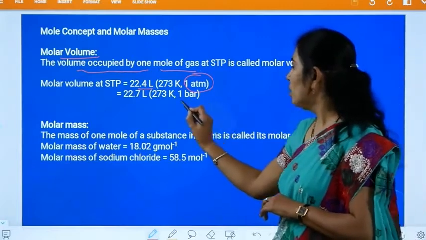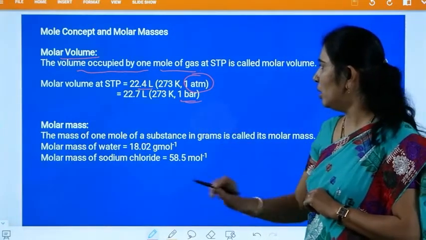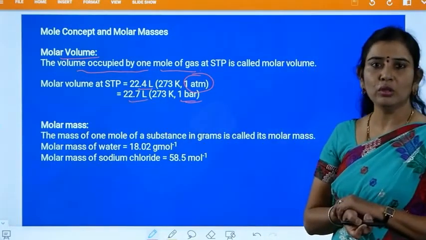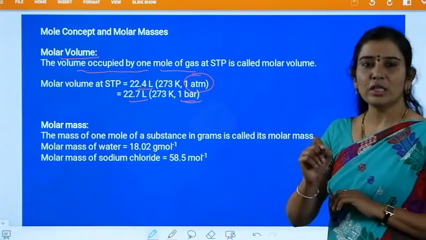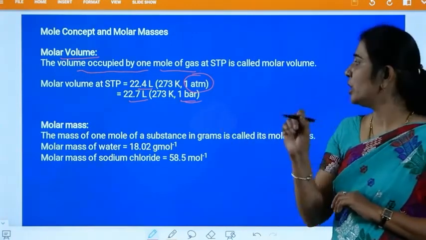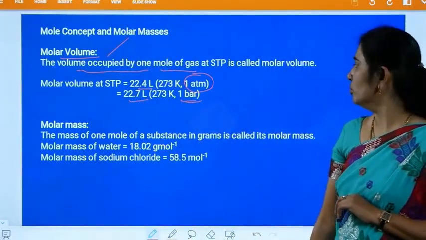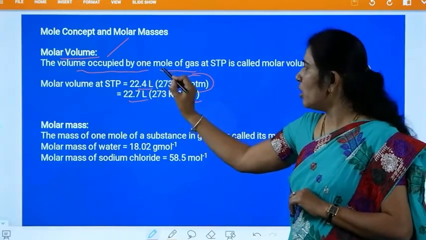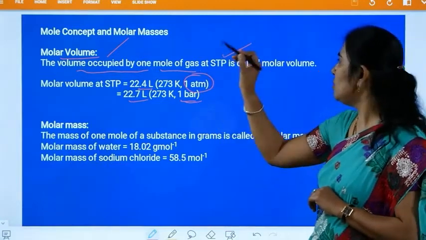If you take pressure on the scale of bar, if it is 1 bar, then 22.7 liter. Volume is measured in liters. Here, you have to consider temperature and pressure to express volume.